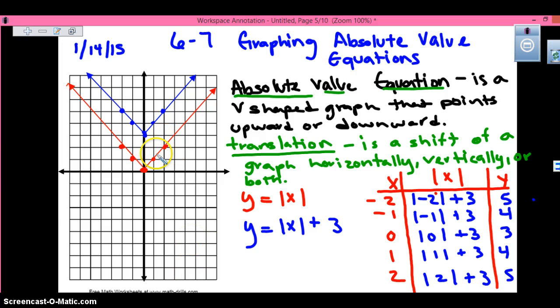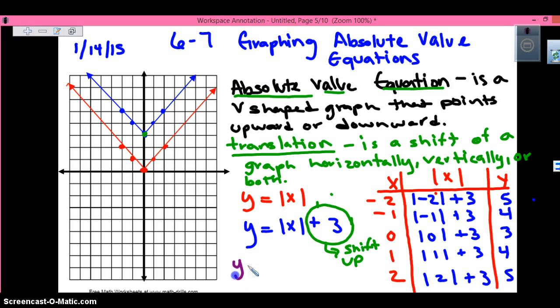What happened to the V shape? It went up and started at 3, right? So anytime we're graphing the absolute value of x and we're adding a number, we're going to shift up that number of spaces.